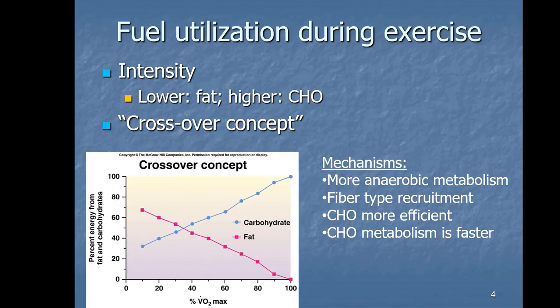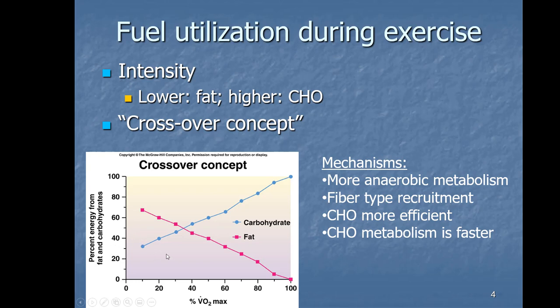If we look at this graph, you can see why it's called the crossover concept. You'll see a lot of graphs like this throughout the semester. On the x-axis, we have exercise intensity, which is listed as a percentage of their VO2 max or maximal capacity. And on the y-axis, we have percent energy from fat versus carbohydrate.